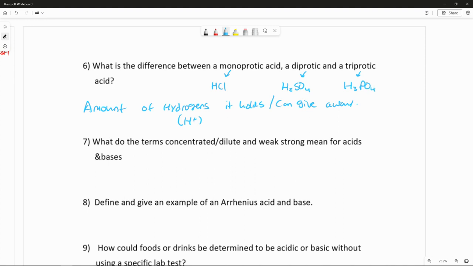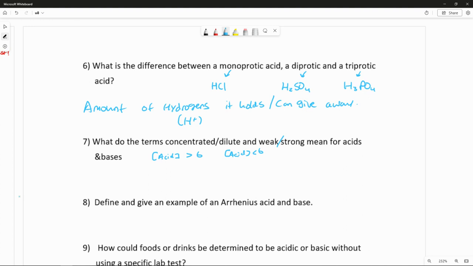All right. What are the terms concentrated, dilute, and weak slash strong mean for acids and bases? So the term concentrated means that the molarity of the concentrated acid is going to be greater than 6. Dilute means that the concentration of the acid will be less than 6.